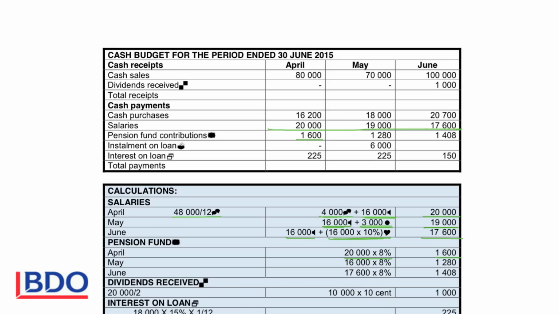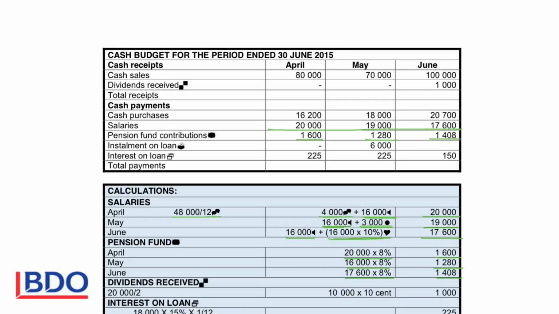Okay, then in May, 16,000 times 8% gives me 1,280, and I show that the pension fund that will be paid out is 1,280. In June, the salary is 17,600 times 8%, and that will give me 1,408.